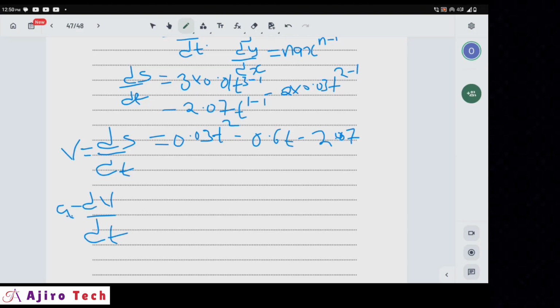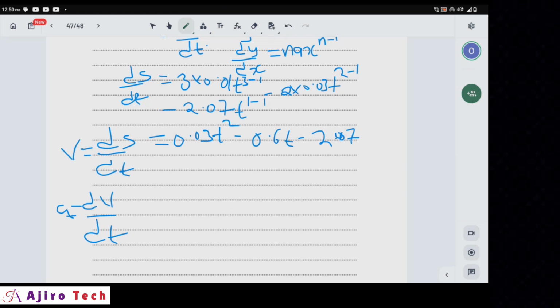The reason why we are solving this is that at my maximum or minimum value, my acceleration will be equal to zero. So we want to get the time. Once we get the value of the time, we can insert it into the velocity, and then we'll get the velocity. I will explain what I mean by that at the end of the question.